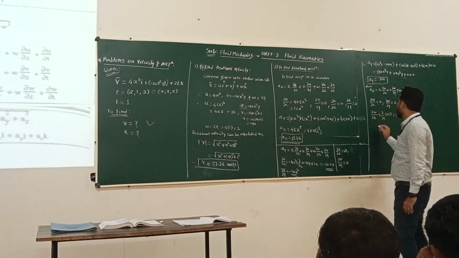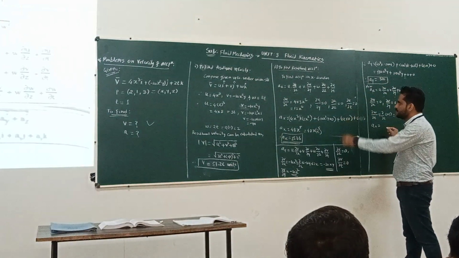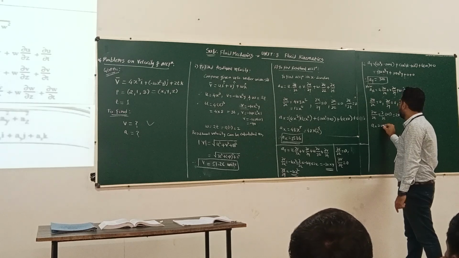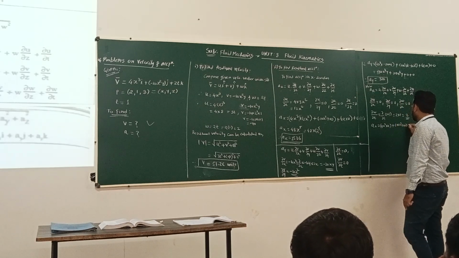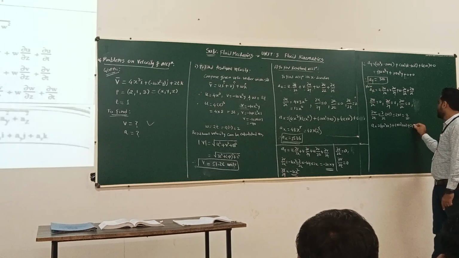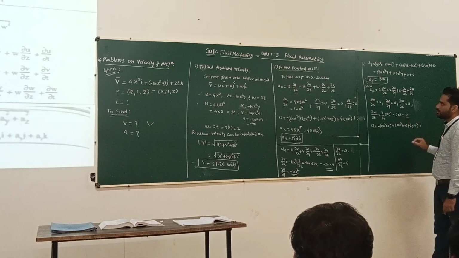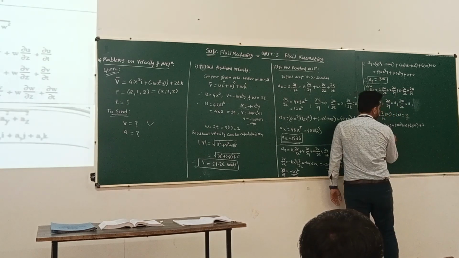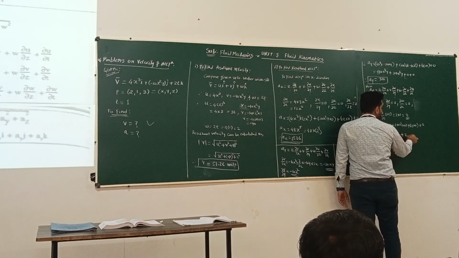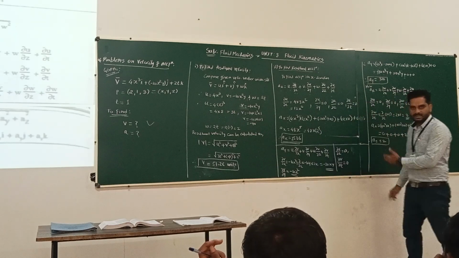So put these values in the equation of acceleration in z direction. az is equal to u, what is the value of u? 4x cubed into 0 plus minus 10x square y into 0 plus 2t into 0 plus, yes, dw by dt is 2. Okay, then these values are 0 plus 0 plus 0 plus 2. The value of az is equal to 2. That is the acceleration in z direction.